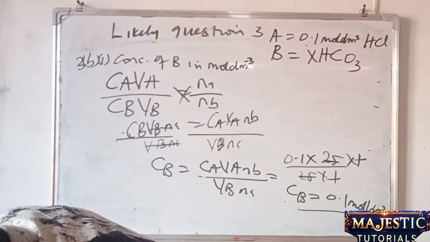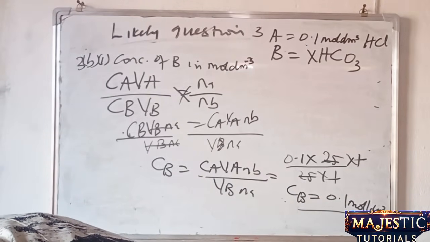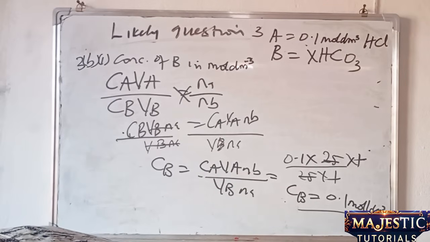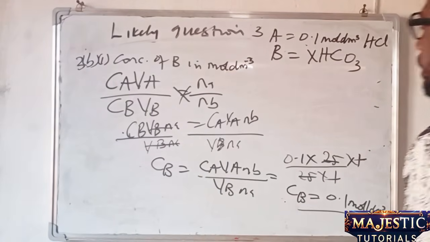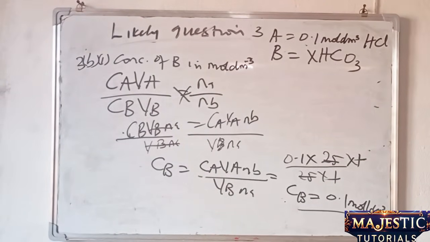In question 3, BII, which says concentration of B in gram per dm cube. From solving, we will check if it is possible. Concentration of B in gram per dm cube.